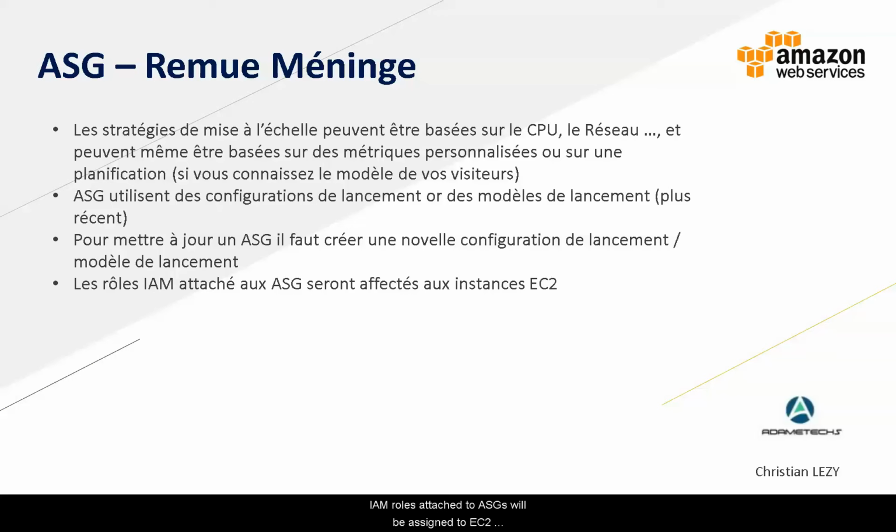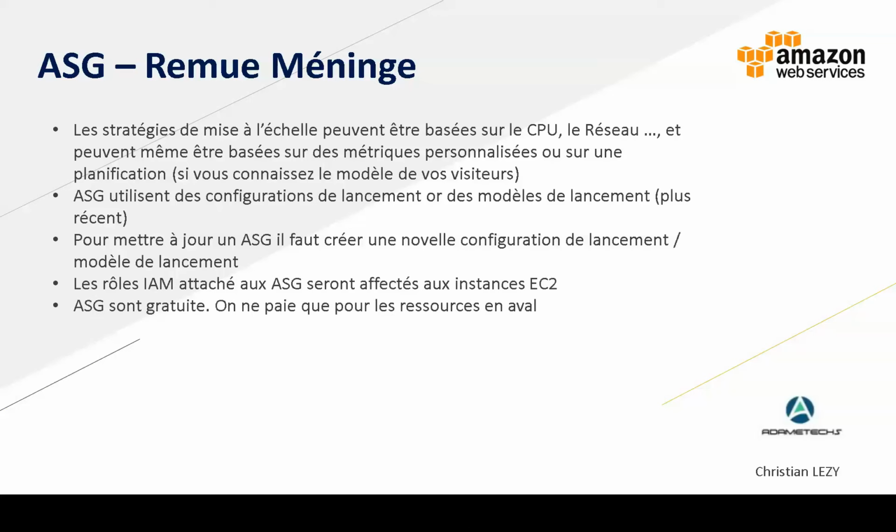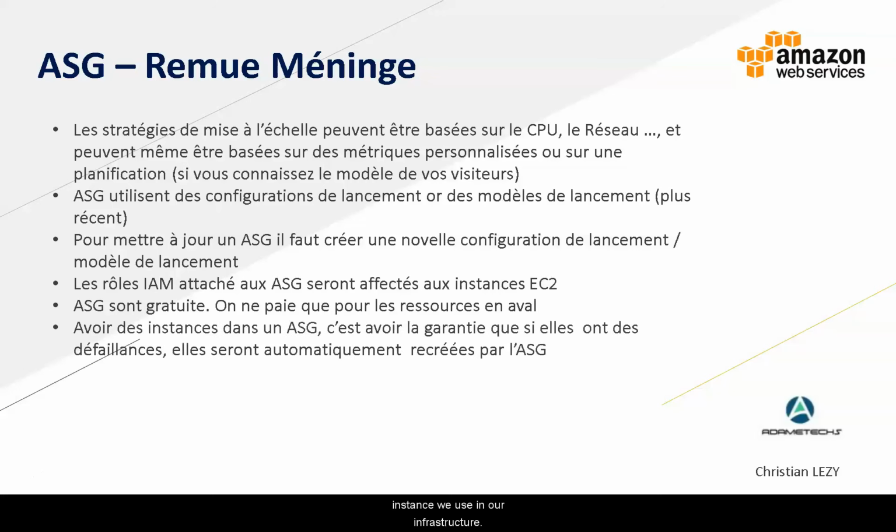IAM roles attached to ASGs will be assigned to EC2 instances, so the rules we apply to our users will be applied to our instances, and ASGs are free. We only pay for the underlying resources, that is to say the instances and the consumption according to the type of instance we use in our infrastructure.